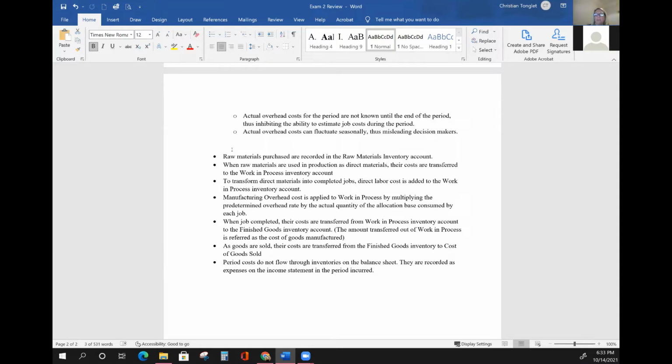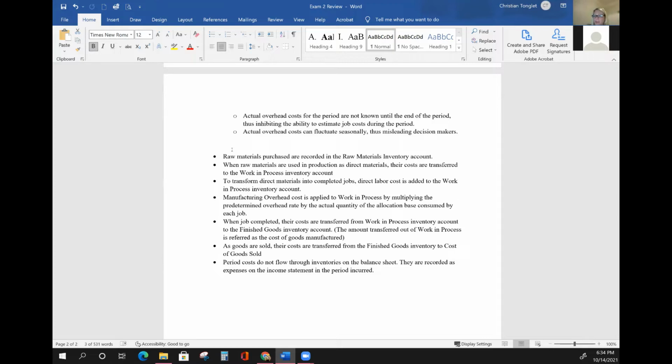Well, what happens? A lot of times we have to use that material, and with people coming into play, right? They have to come in and put the materials together in order to create the end product. So we transfer the direct labor costs also, and we add that into the work in process.